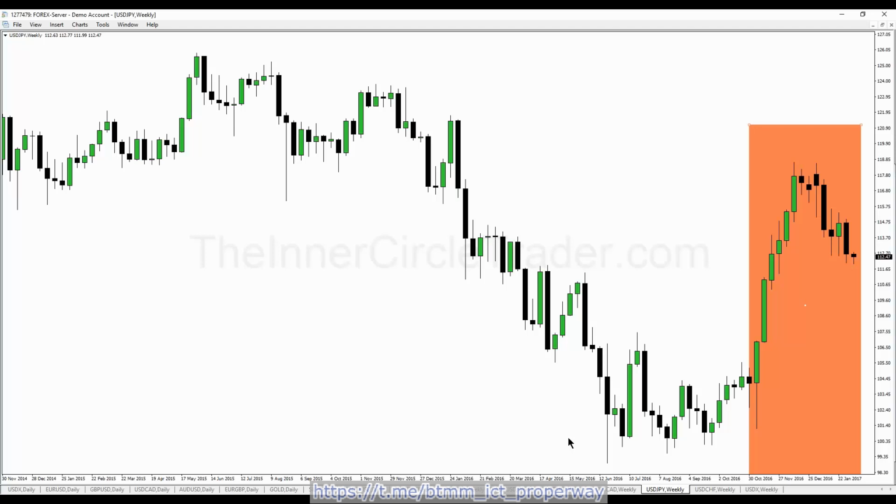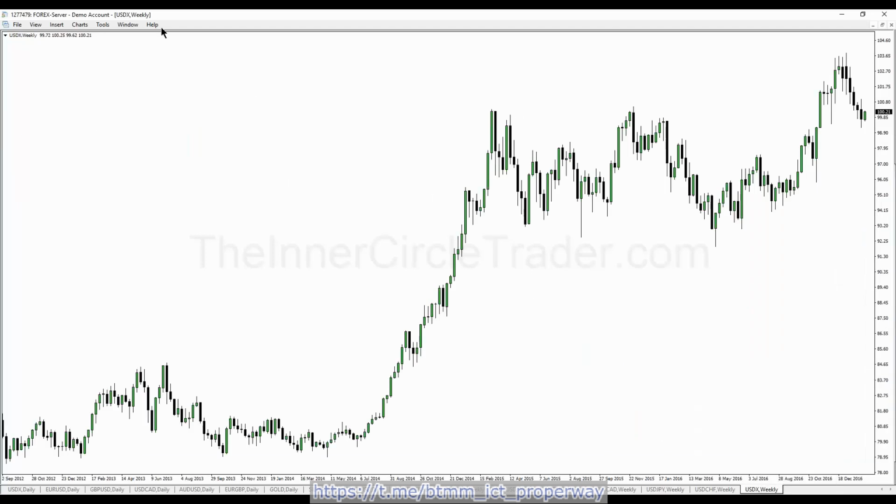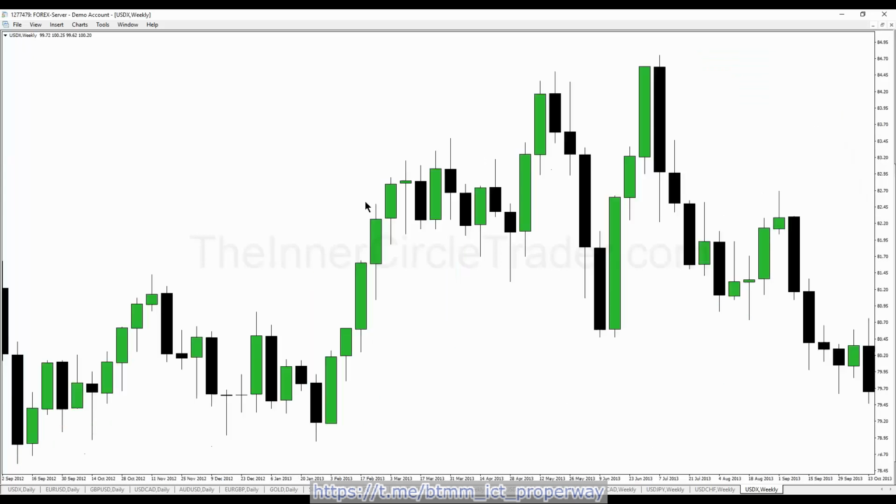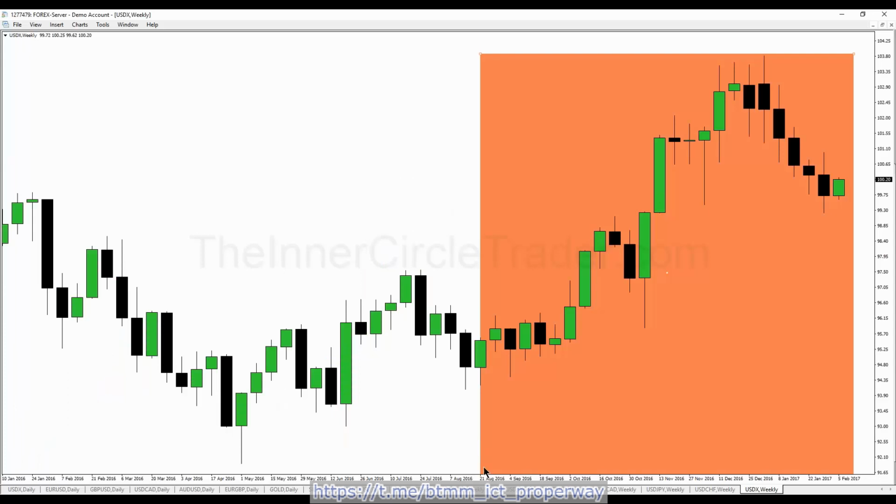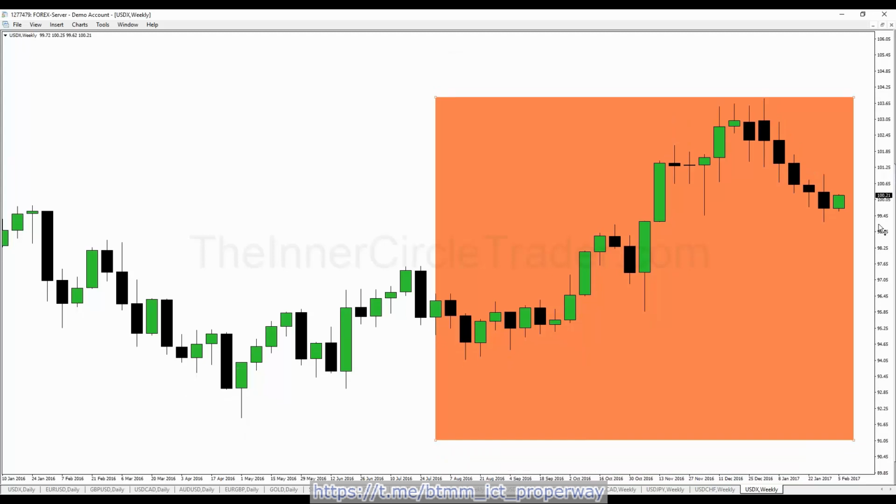But nonetheless, in summary, the dollar index on the weekly chart. If we look at what we see here in the last 3 to 6 months for this pair, has the dollar index been in a consolidation or a trending environment?